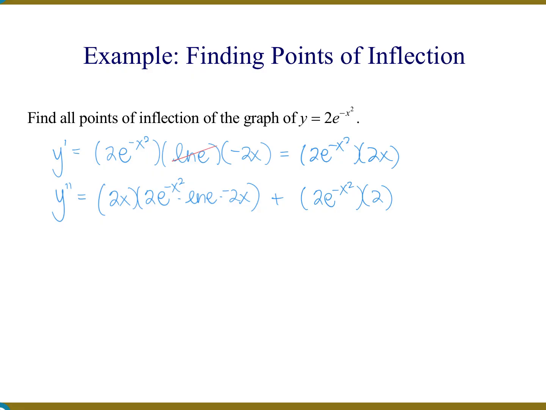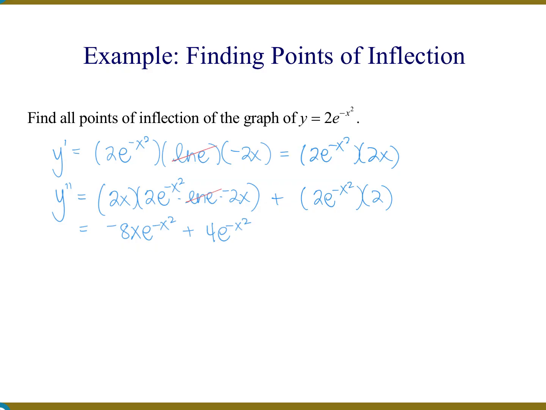So we want to simplify this if at all possible. We know linear is going to be 1. So for this first section, we're looking at negative 8x e to the negative x squared, and then plus 4e to the negative x squared.